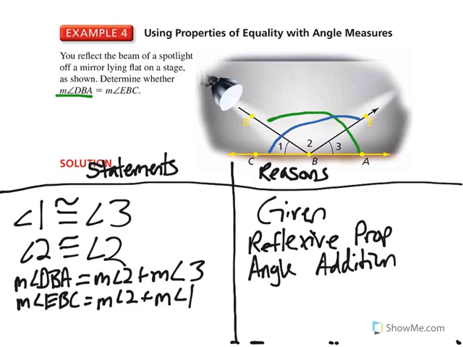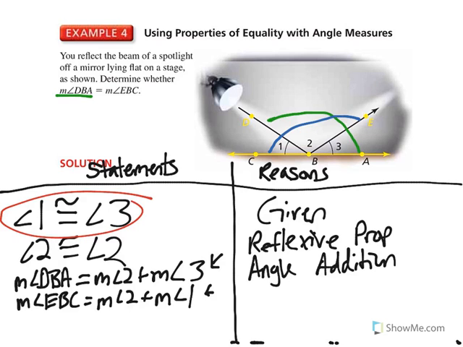So if I want to try to determine whether or not they are the same, I could possibly look at substituting here. If I have angle 3 in this first one and I have angle 1 here, let's try to get them in the same terms. So I'm going to substitute, and for angle 1, I'm going to put in angle 3, because up here we have that it is congruent.